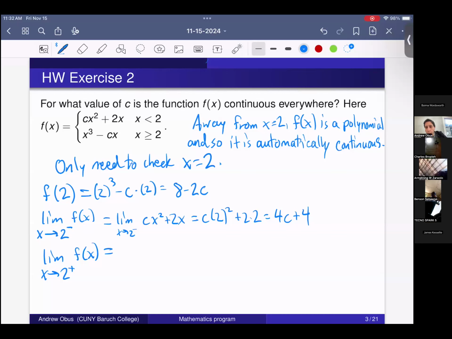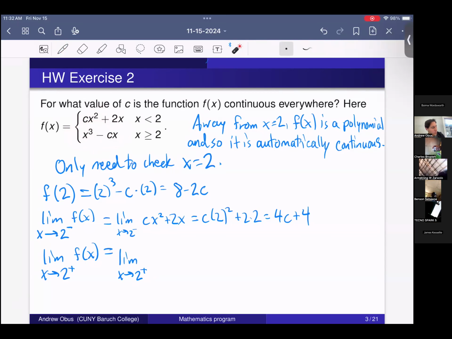Great. So what about from the plus side? If we're approaching 2 from the positive side, then which expression do we need to use for f of x? We're looking at values of x that are greater than 2. So we need to use the second one, x cubed minus cx.